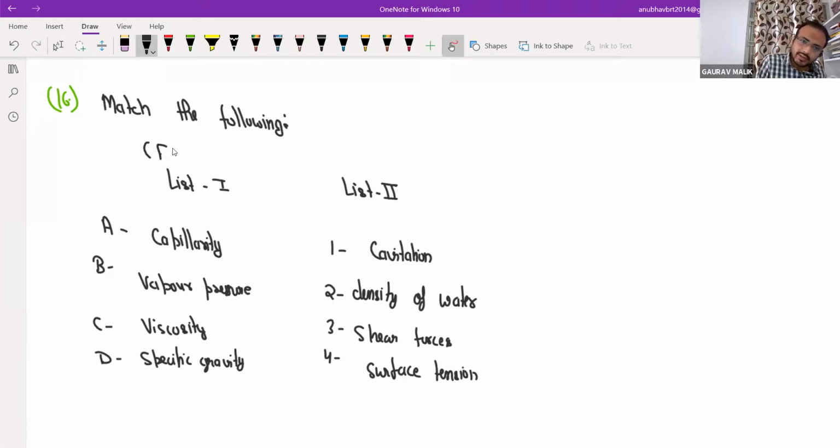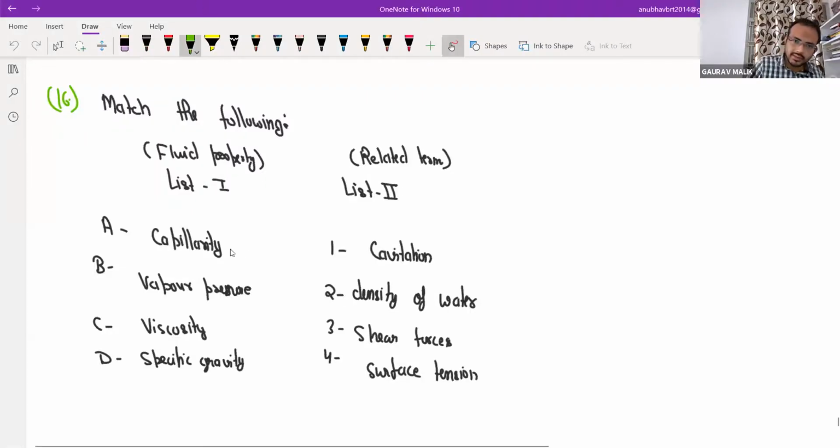It is a fluid property and it is a related term. Please tell me, capillary is due to. Very nice. Capillary is due to surface tension.